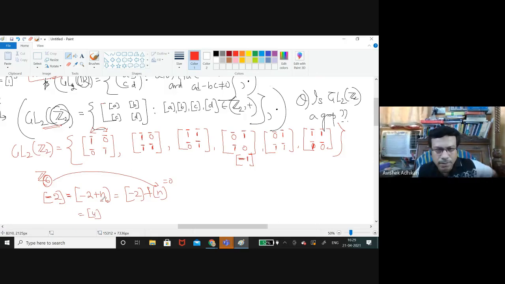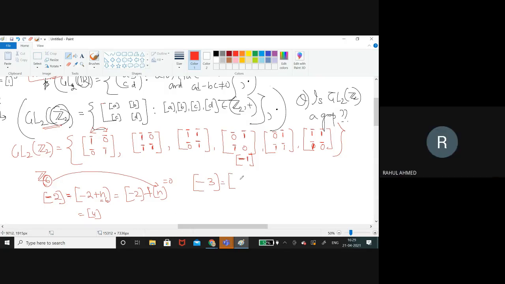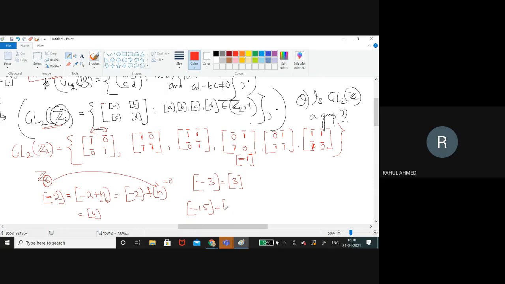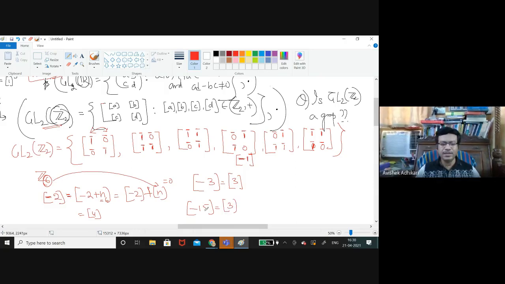Is it clear? This part is very easy. Minus of, say, class 3. What is minus of class 3 in Z6? Quickly tell me. Class 3. Very good. What is minus of 15 in Z16? Z6. 3, sir. Again 3. You have to make it positive, right?